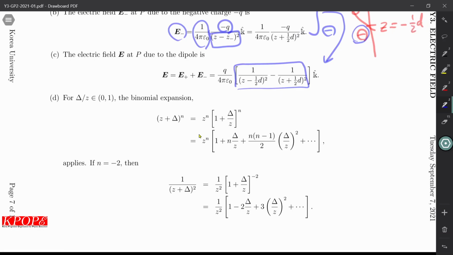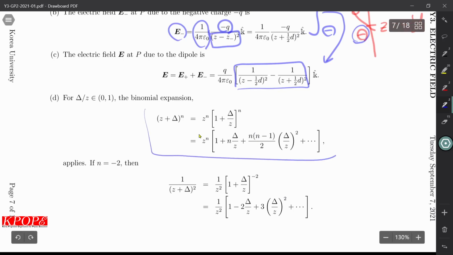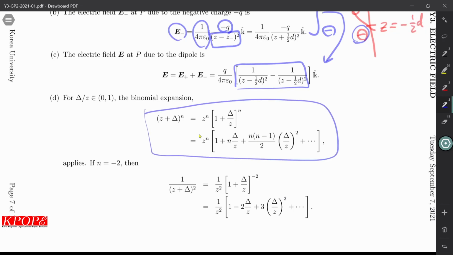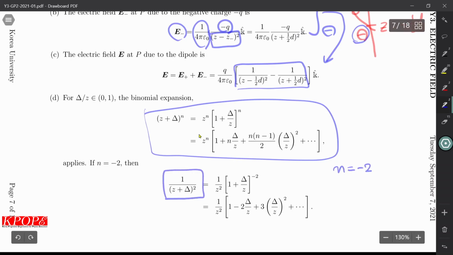Alright, we can make use of the binomial expansion we studied in the last class. In here, this is a general expression, and for example, we have n equals -2, and this kind of form can be written as this, 1/z squared multiplied by this one, and this delta is small. We consider this delta is smaller than z. Then we can make an expansion.